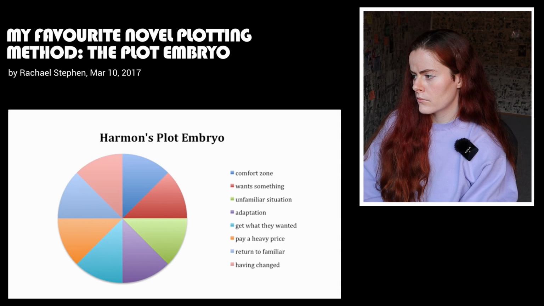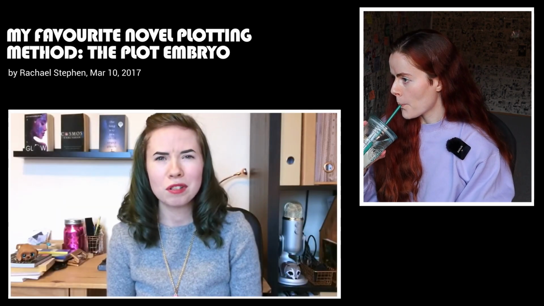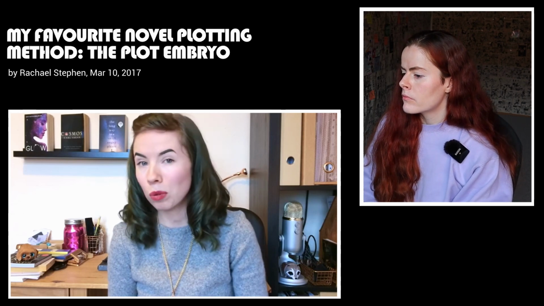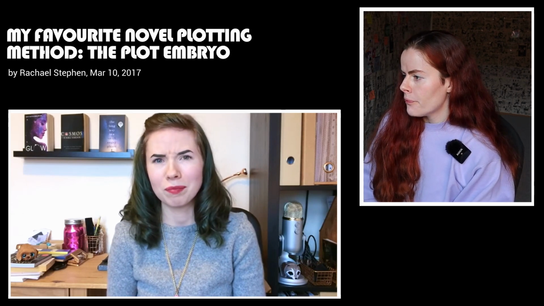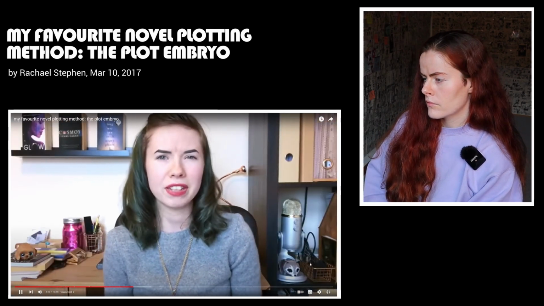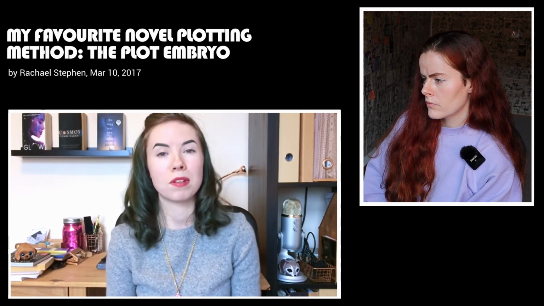I am sure that I reblogged this graphic to my Tumblr kind of book blog thing years ago, and it looks quite unassuming, but when I grew to understand how it worked, it kind of blew my mind a wee bit. But in some ways it takes a wee bit to get the hang of it, and I've just learned about it, so I did as much reading as I could possibly find on it.